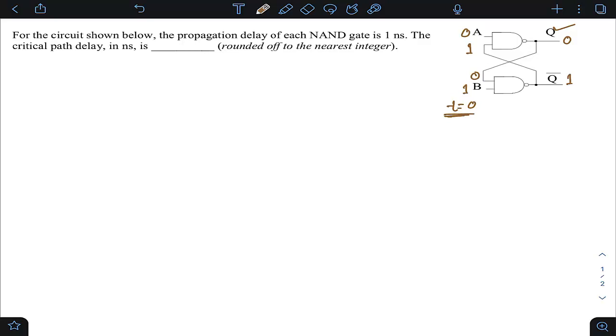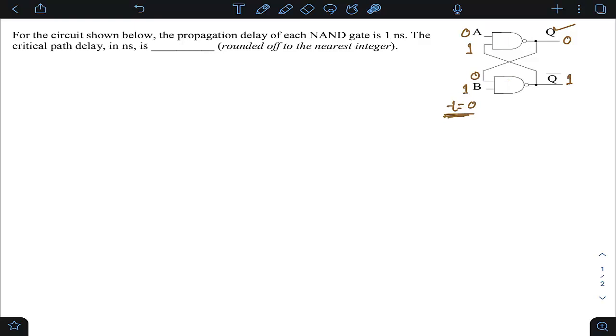This is the exact scenario at t equal to 0 nanosecond. Now, the input to this gate is 0, 1 and the input to this gate is 1, 0. Because their delays are the same, the moment they receive inputs at t equal to 0, this gate will produce output and this gate will produce output simultaneously.